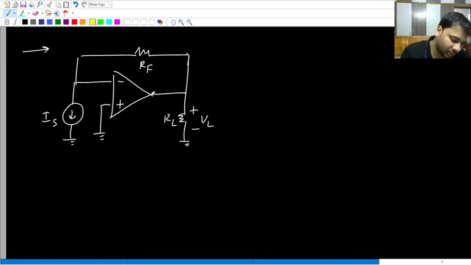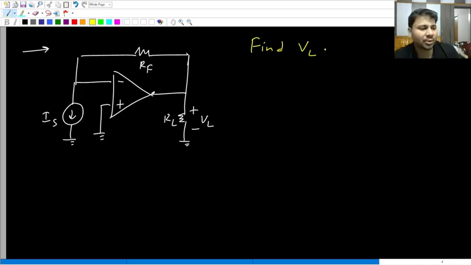And then we have this load resistance across which the voltage drop is VL. So VL is the load voltage. So what is the question here? It is to find the load voltage.